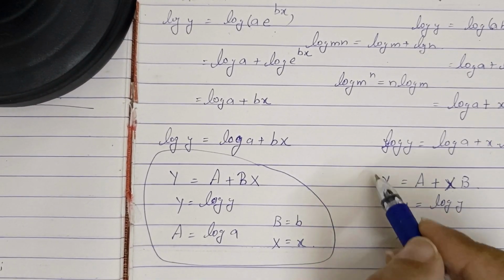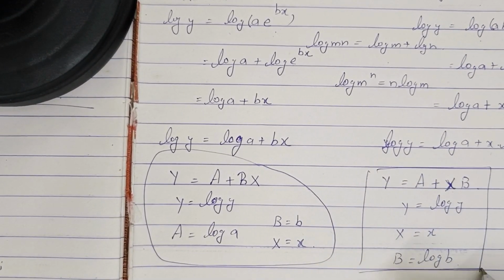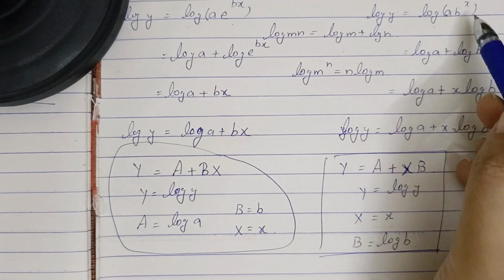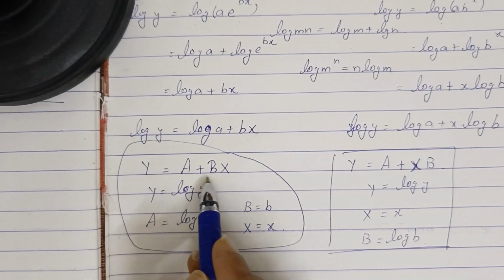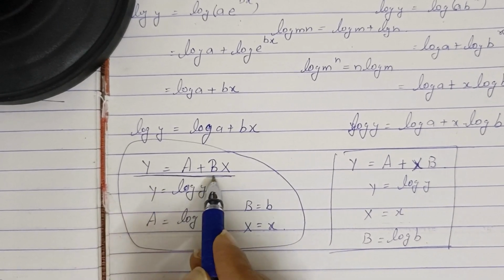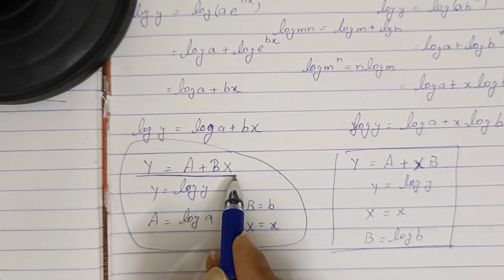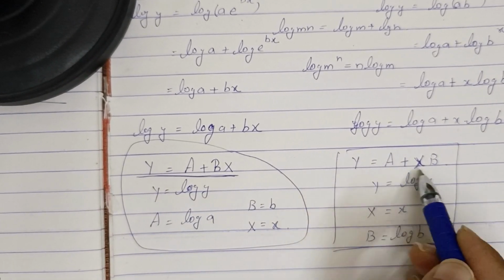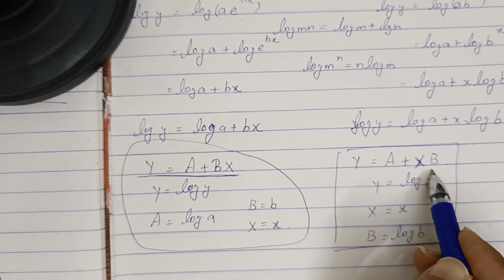So this is the case. Finally, in the case of an exponential curve, you need to solve this type of equation, and you can figure out that this equation is nothing but the equation of a straight line. So finally you need to solve an equation for a straight line.